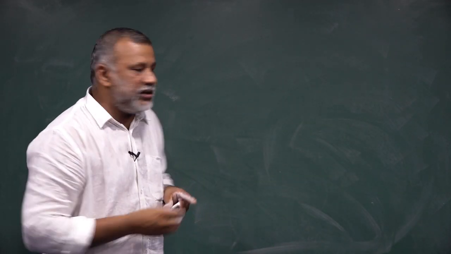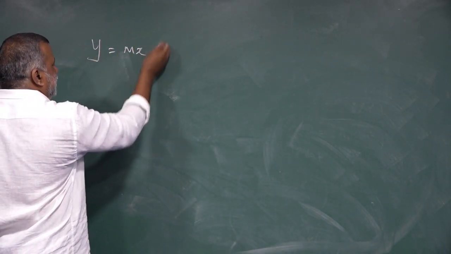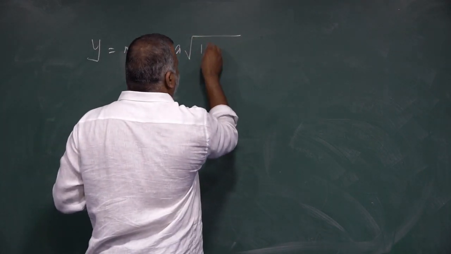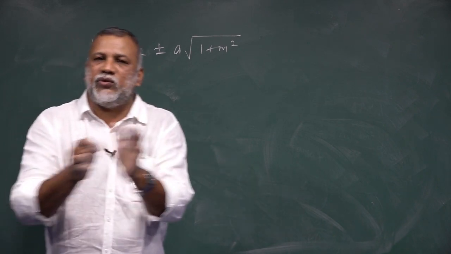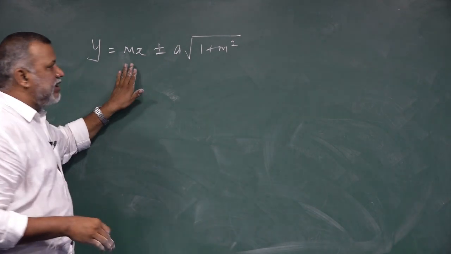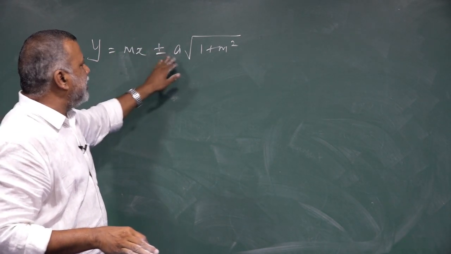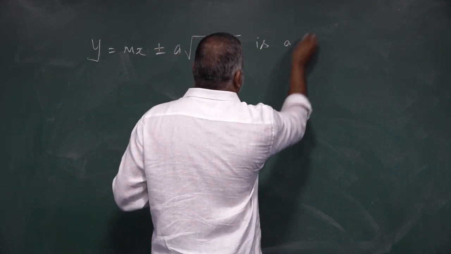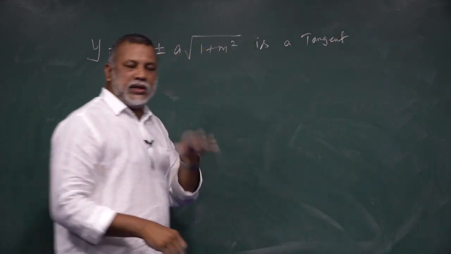From that condition, y equal to mx plus or minus a root of 1 plus m squared is a tangent to the circle, where m is the slope. The point is not given, so we can select this one only. So y equal to mx plus or minus a root of 1 plus m squared is a tangent to the circle.